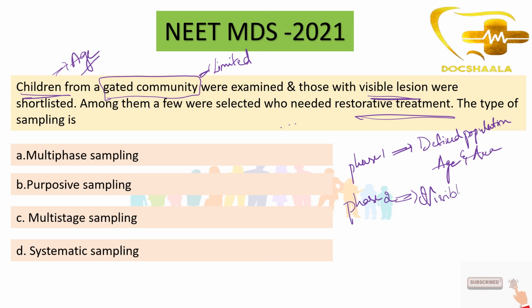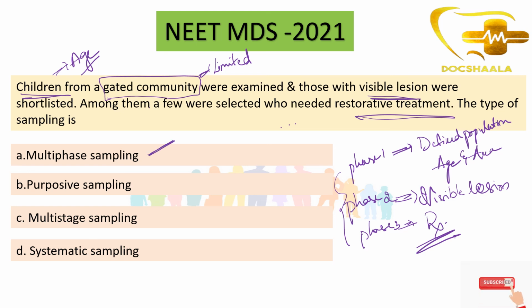Okay, right? Then in phase 3, they took the sample who needed treatment for that lesion. So the sampling is done in different phases, right? This kind of sampling is known as multi-phase sampling. So the answer is option A.